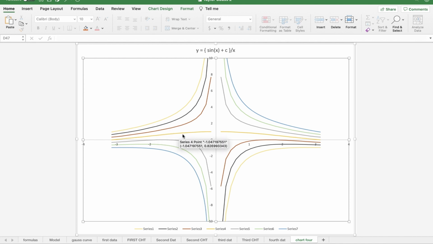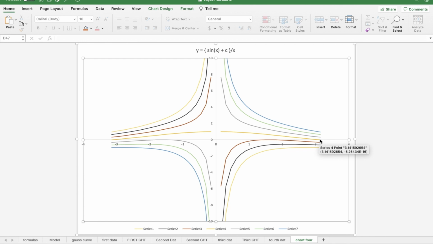This is really basically the sine function, but the fact that you divide it by x changes the form of the curve. So you don't end up with a sine curve. In fact, in this particular case, none of it is negative.